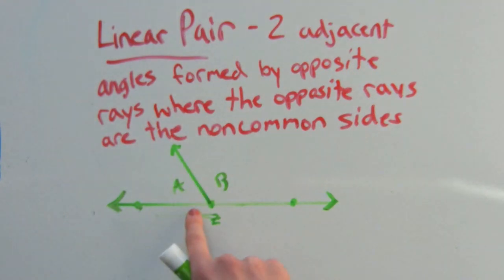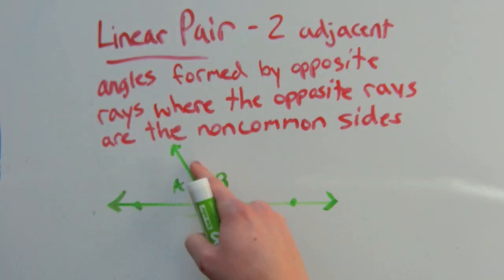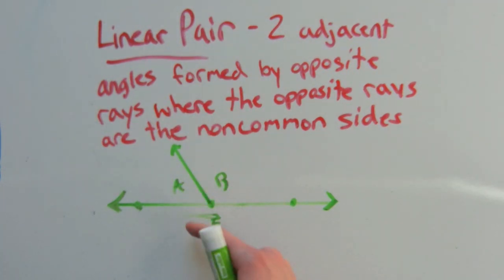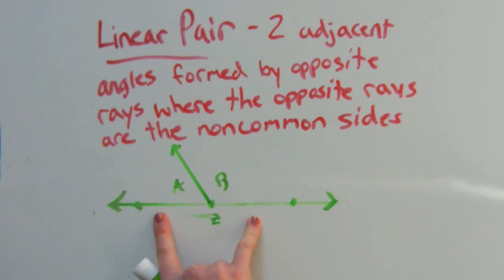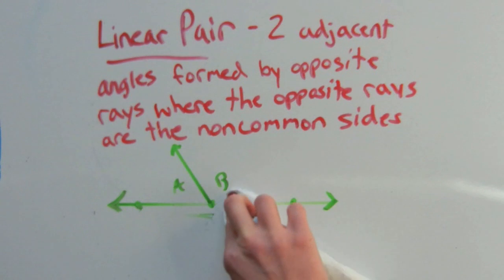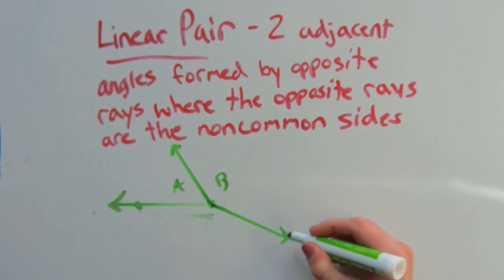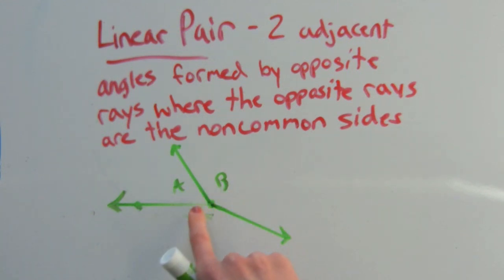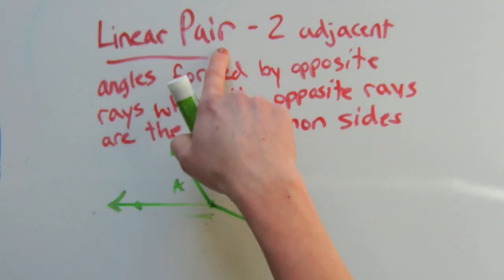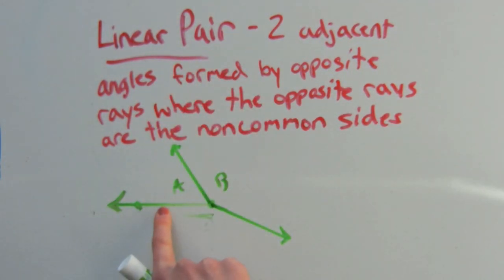But they're a linear pair because the other sides that A and B do not have in common form opposite rays. If instead I were to draw the line like this, A and B are still adjacent, but they are no longer a linear pair because they do not have two non-common sides that form the opposite ray.